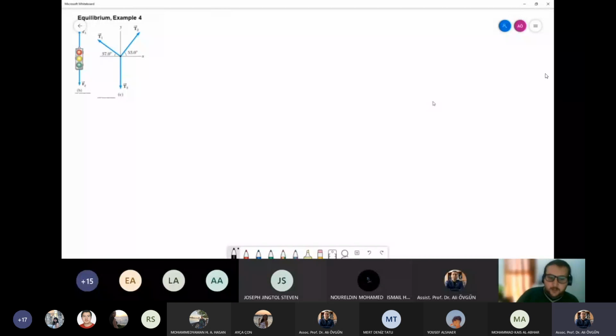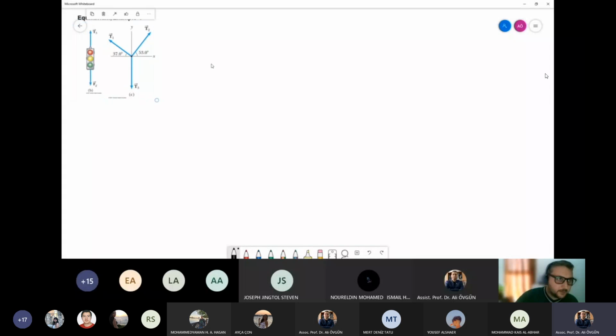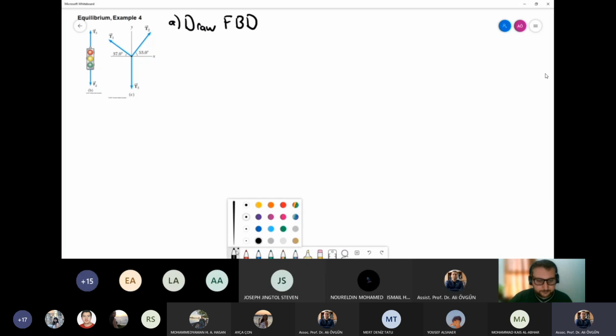Now let's start to solve this problem. What is important here? First of all, you must draw the free body diagram. The free body diagram is drawn here. For the traffic light there are two forces on it.